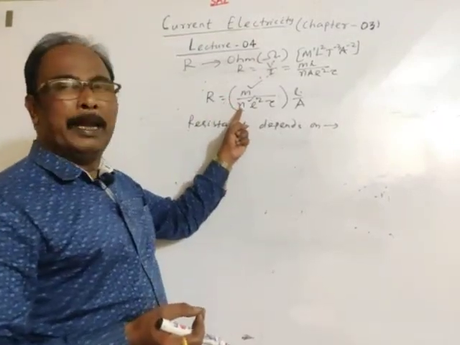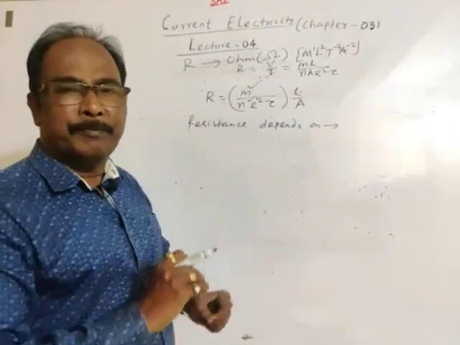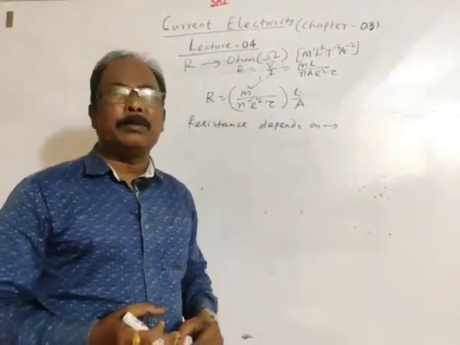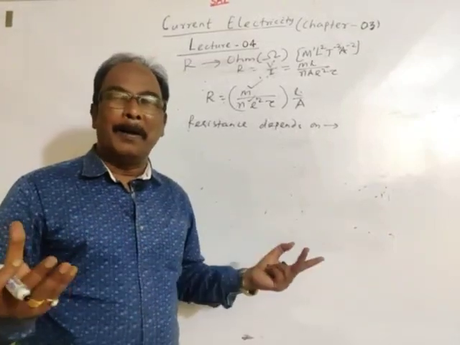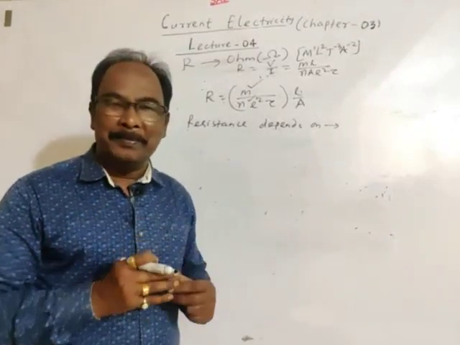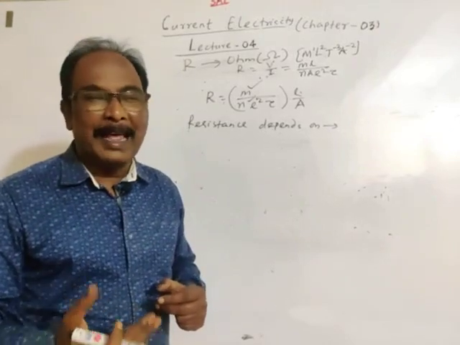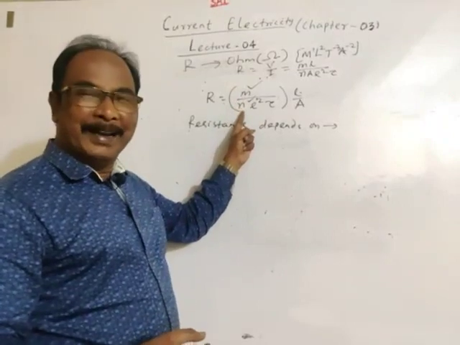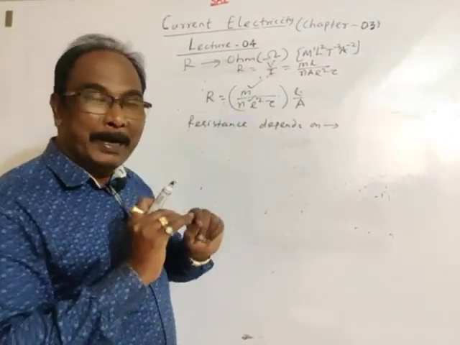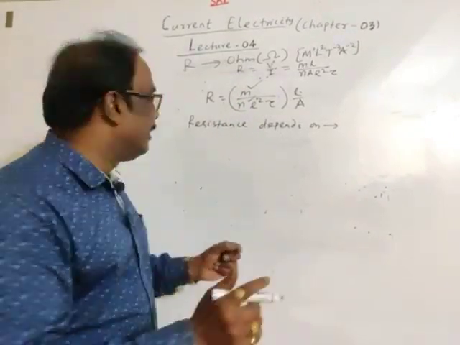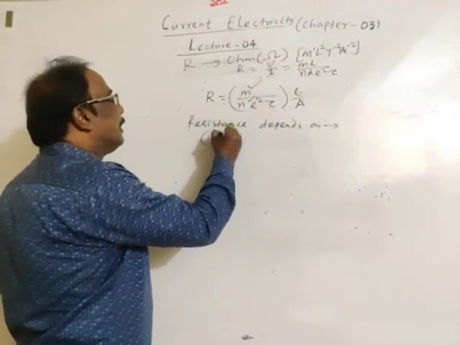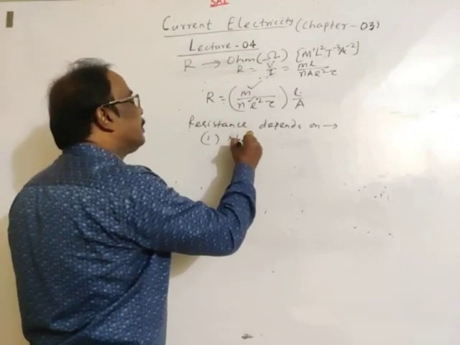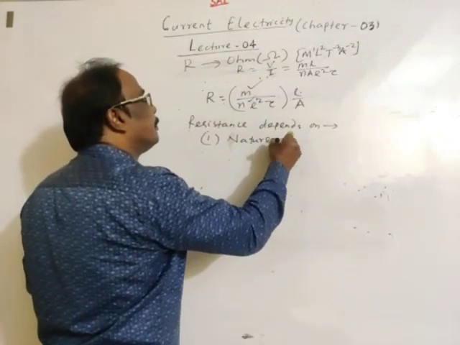It depends upon the nature of the material, as we have discussed. Number density of free electrons is maximum in silver among all solid conductors, thereafter copper, thereafter iron, and so on. So n depends upon the nature of the material. So the first thing I will write: resistance depends upon the nature of the substance.